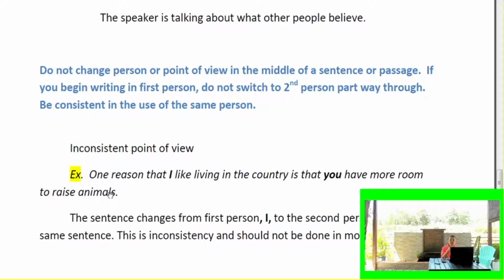So the correct one is: one reason that I like living in the country is that I have more room to raise animals, because I refers to the first person. So when you use another text, you have to use I, not you.